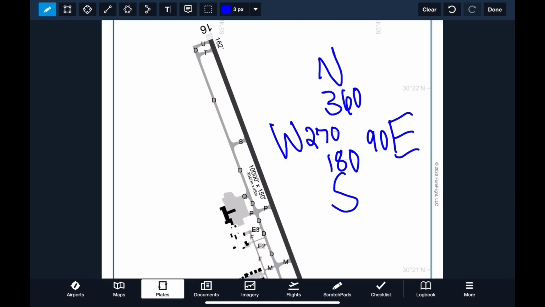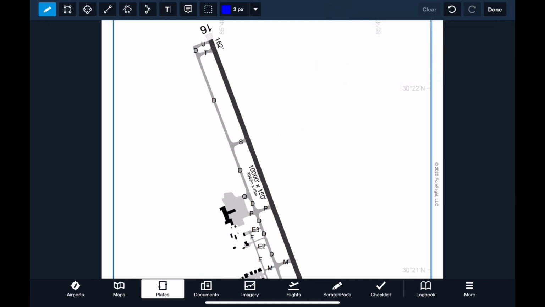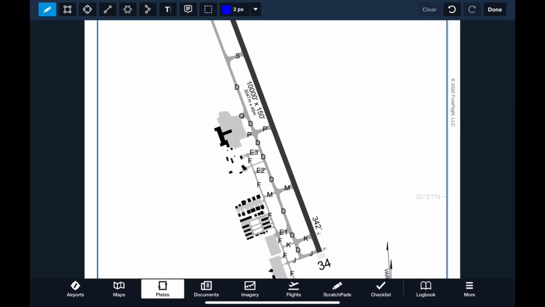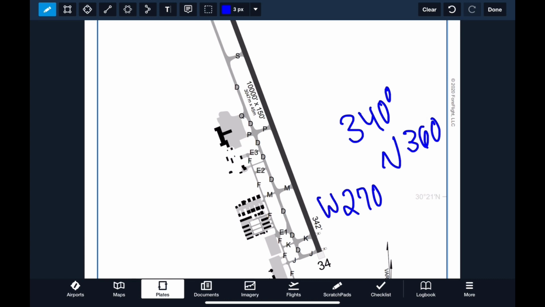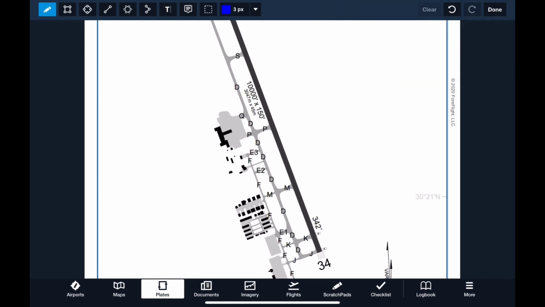So when you have runway 34, when that plane lands, it will be facing 340 degrees. So almost a north heading, because north is 360. So 340 is in between 360 and 270, which is that west heading. So technically, when that airplane lands, it will be facing a northwest heading because it's in between a north heading and a west heading, so it's northwest.